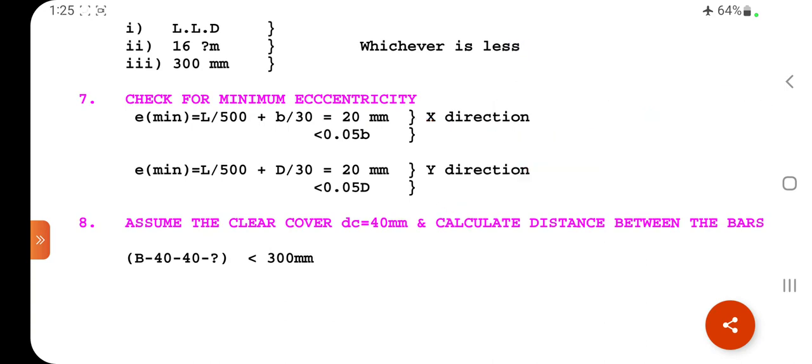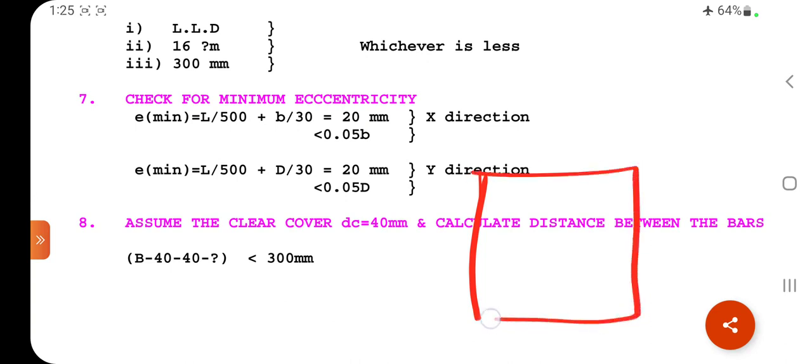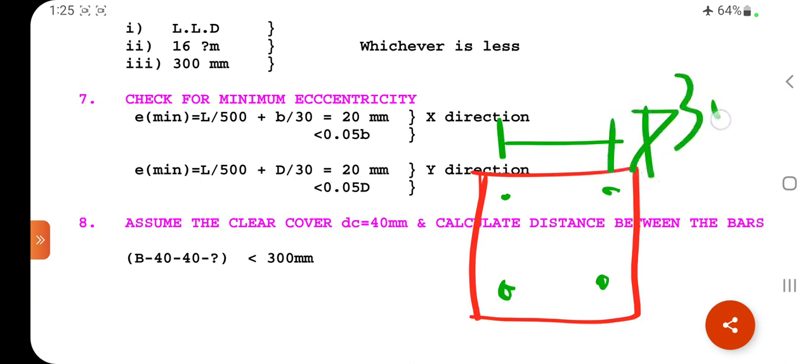Got it? Suppose this is my reinforcement and these are my bars. So the distance between these two bars should not be greater than 300 mm.